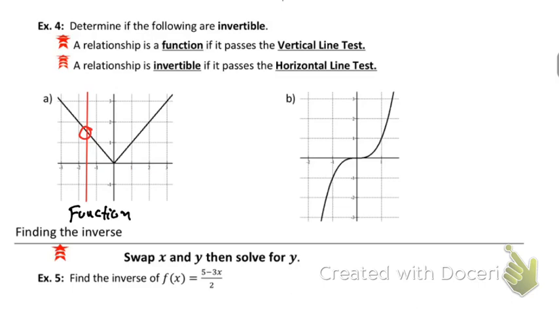The next one would also pass the vertical line test because no matter where you draw a vertical line, it only hits in one place. Remember, if it hits in more than one place, it fails the vertical line test. In this case, it just hits in one place, so that's a function. Also, I do want to remind you, if it hits in no places, it's also still a function.